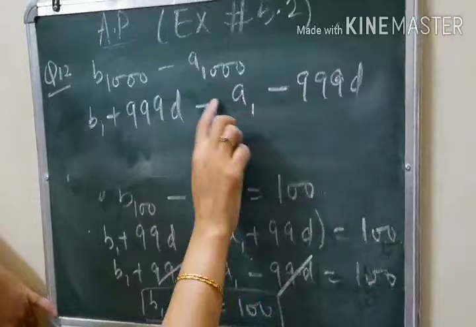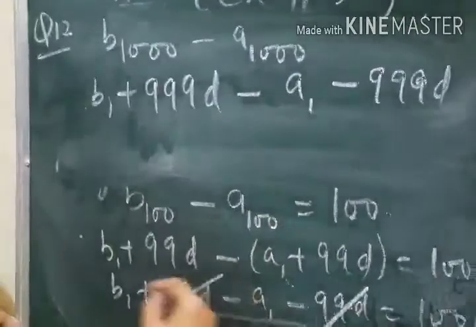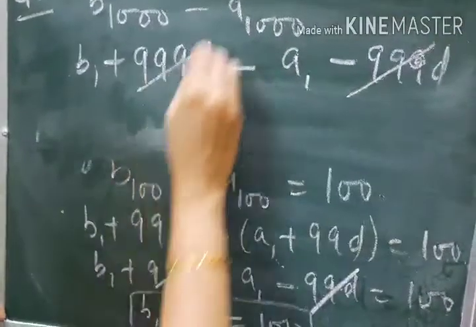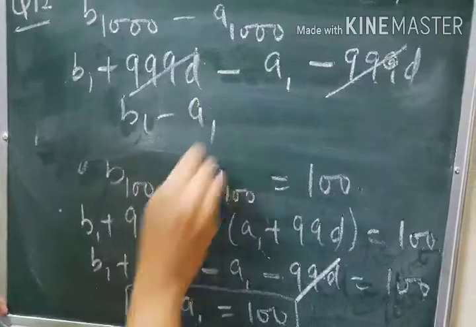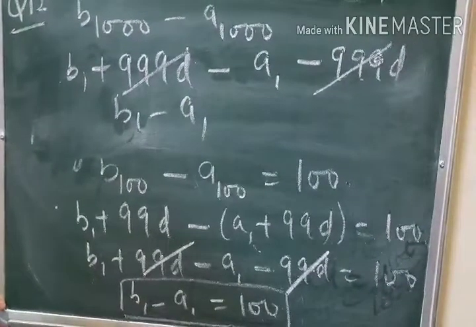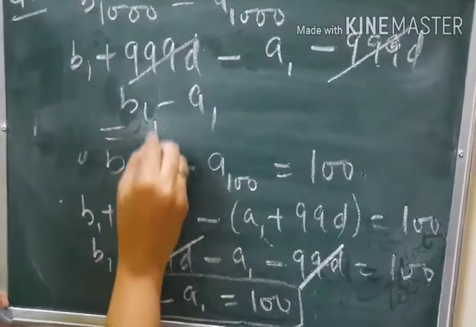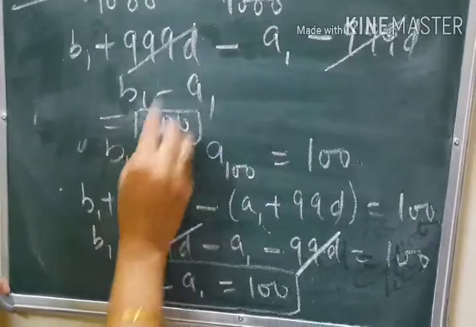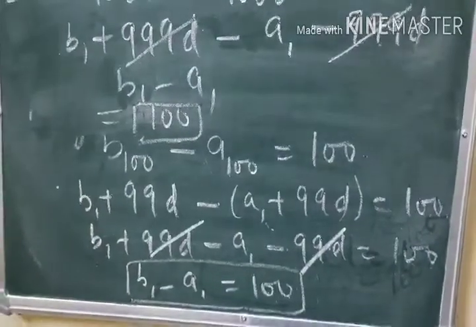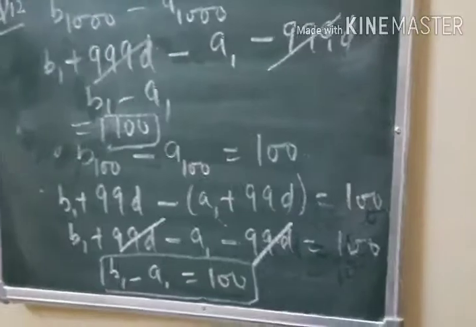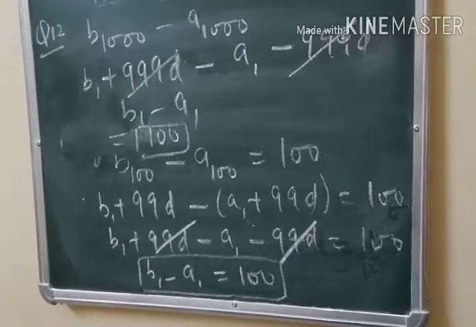I have just opened the bracket, the way I have done it here. Again, these two will cancel, and your answer is B1 minus A1. What was B1 minus A1? It is 100. So your difference for the thousandth term will also remain the same, which is 100. So this was your question number 12.